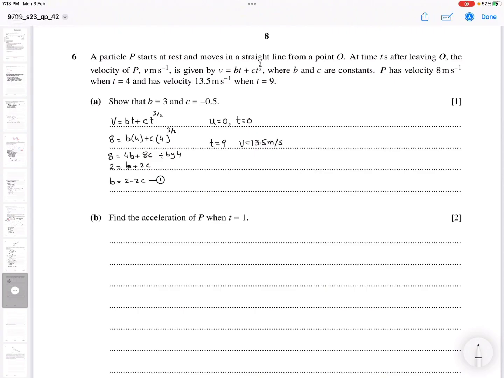In velocity we write 13.5 equals 9b plus 9 and c is power 3 by 2 c.